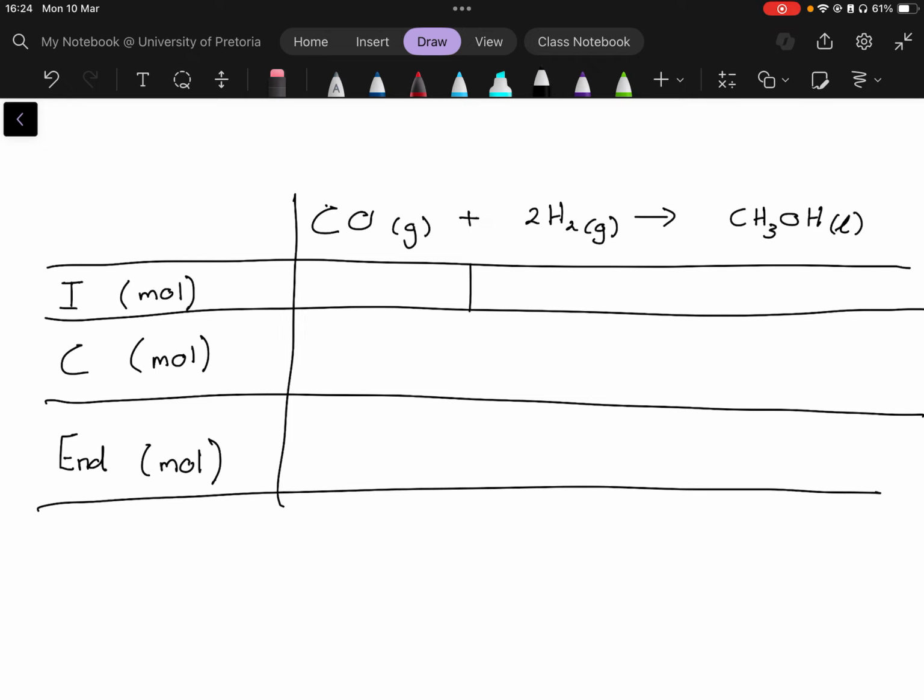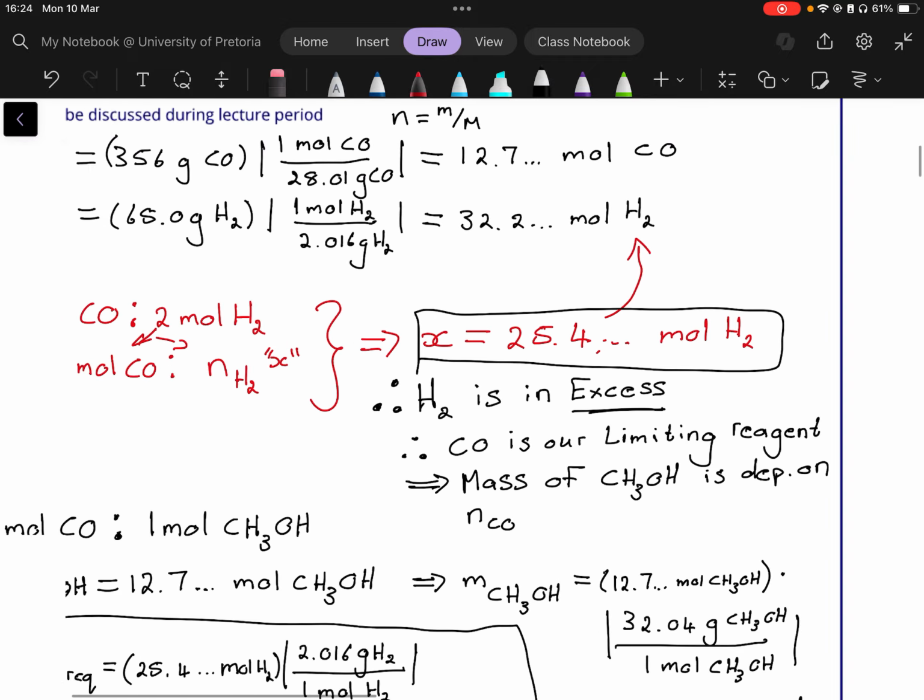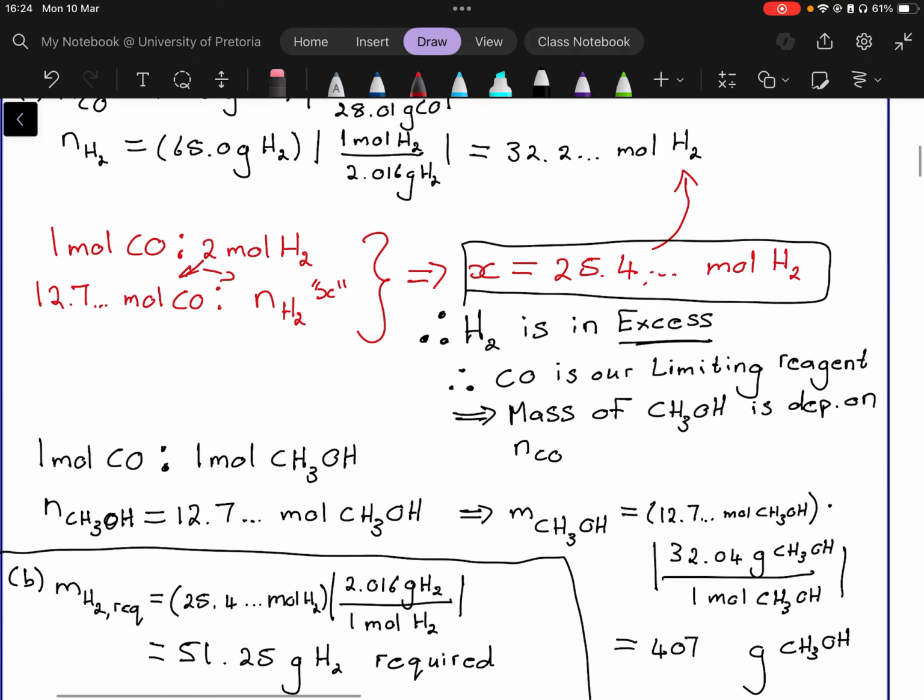So for each of these, what are the amounts that we had? Initially for CO, we had 12.71, right? And for hydrogen, we had 32.2. I just left these as numbers. And how much methanol did we have? We didn't have any methanol. Then what was the change? What happened to all the CO?